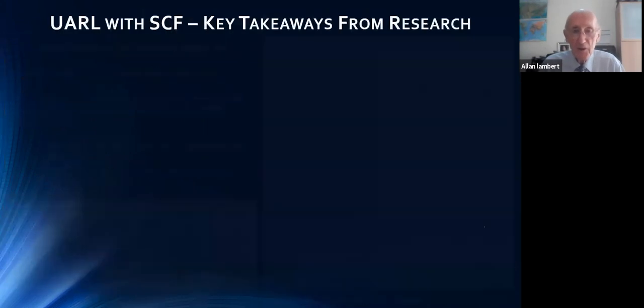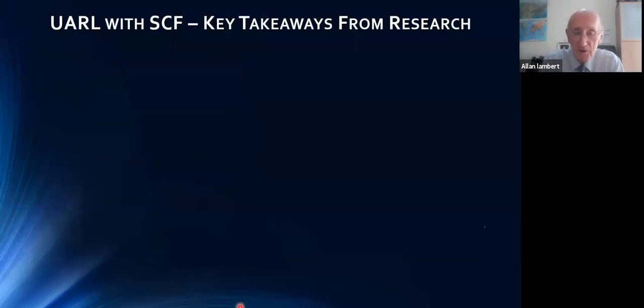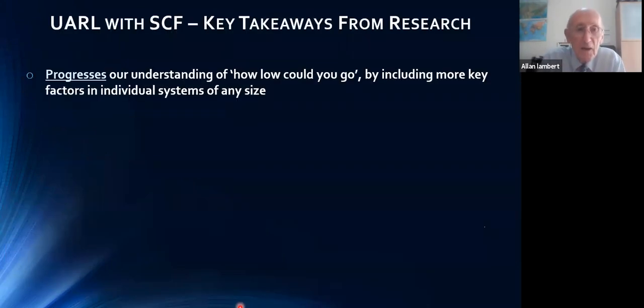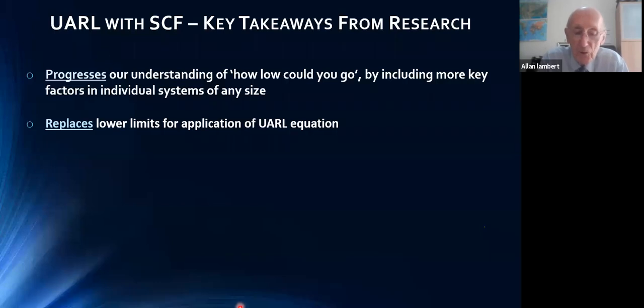So what are the key takeaways now from what I've been doing here? The first one is, I think this progresses our understanding of how low we can go by including more key factors in individual systems of any size. It also replaces the lower limits for application of the UARL equation.